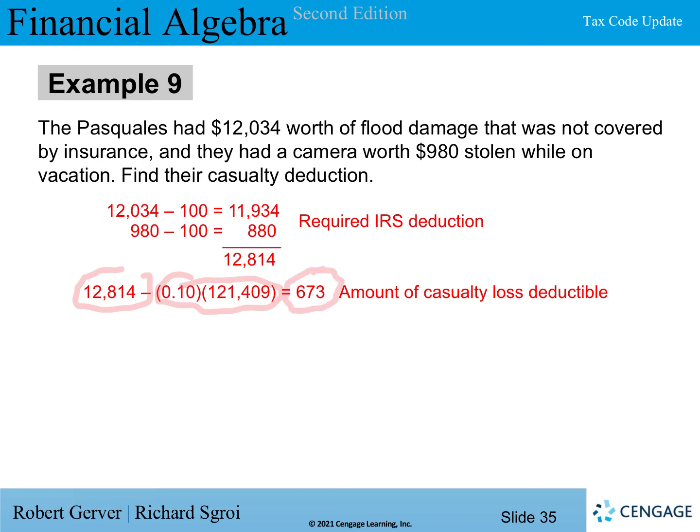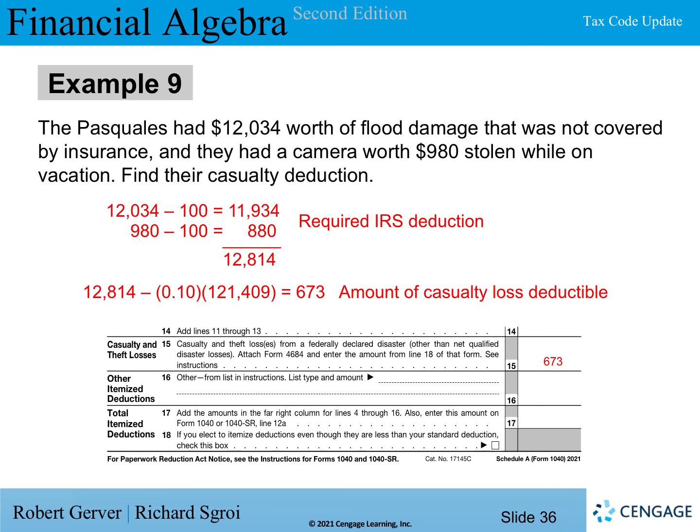So again, we have to take and find out how much this is in excess of a certain percentage of their income. And we go to the tax form and see where it says casualty and theft losses, and that's where we put the $673 into that line item.